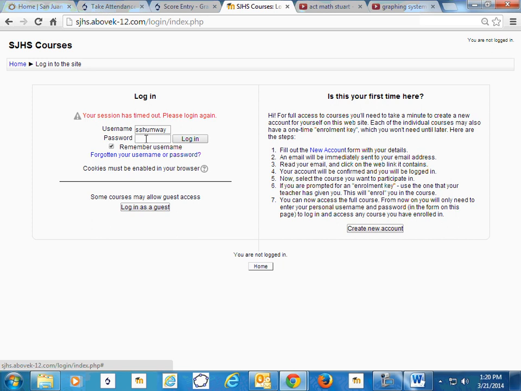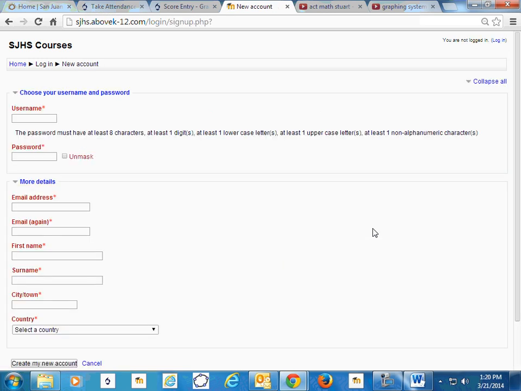Students have a username and a password, they just log in. You will need to create a new account. So your username can be anything, but the password has to be very specific. It has to be at least 8 characters. One of those needs to be a digit, like a number. At least one needs to be lowercase.